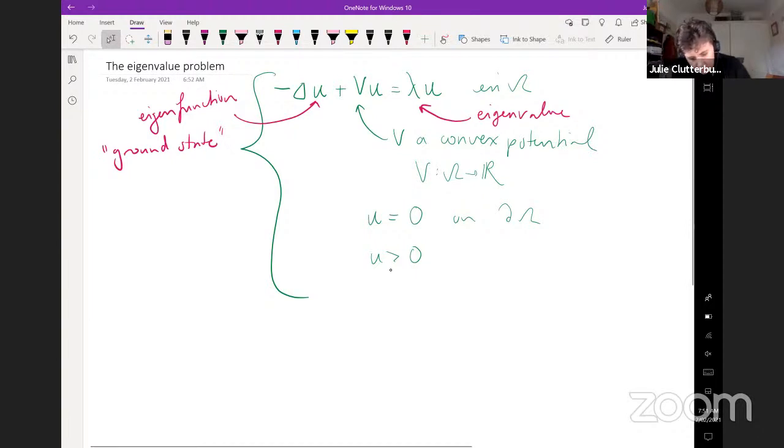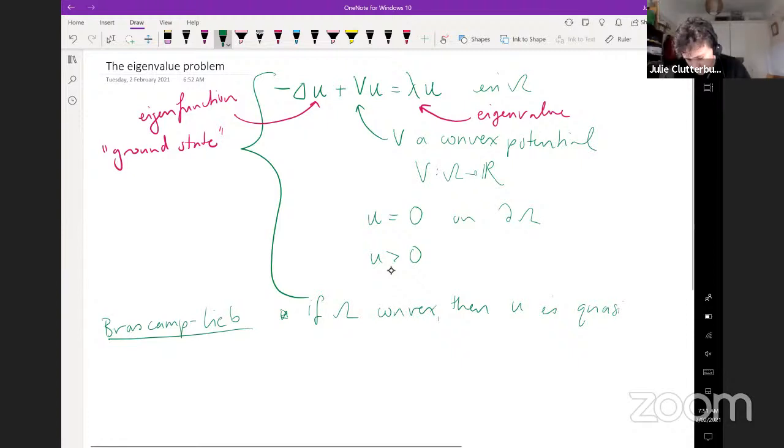And the result here is due to Brascamp and Lieb. So their result is that if omega is convex, then u is quasi-convex.